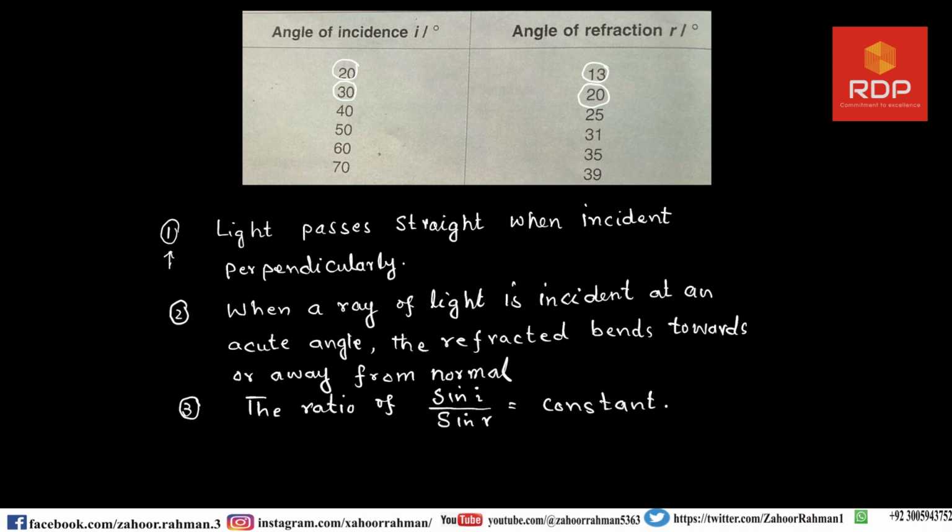conclusion is, unlike the case of reflection, where the angle of incidence I is equal to the angle of reflection R, the relation between the angle of incidence I and the angle of refraction R is more complex.